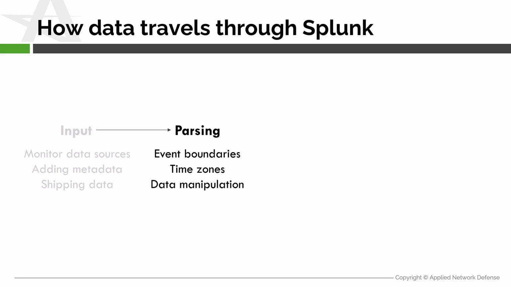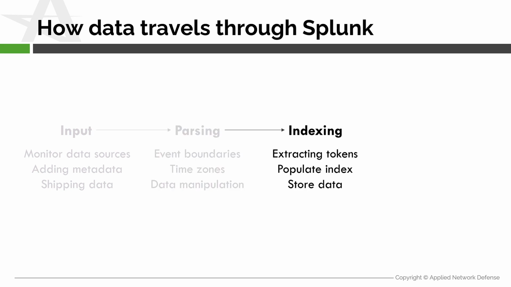What also happens in this phase is everything around time zones. And additional features of the parsing phase are something like data manipulation. So if you want to mask, for example, a user account or IP address, this is also happening in the parsing phase.